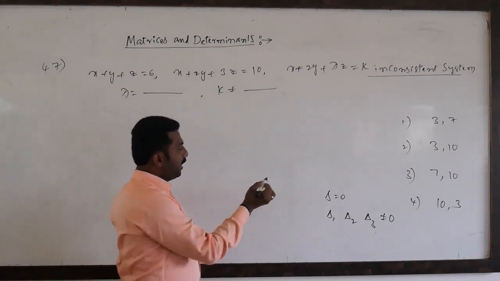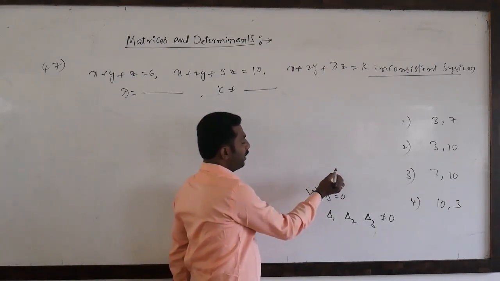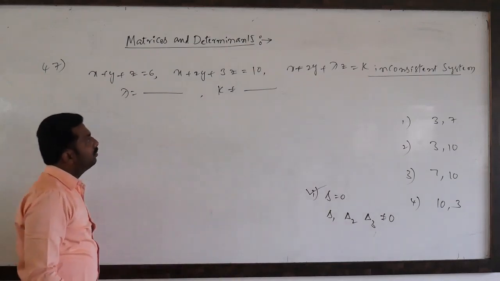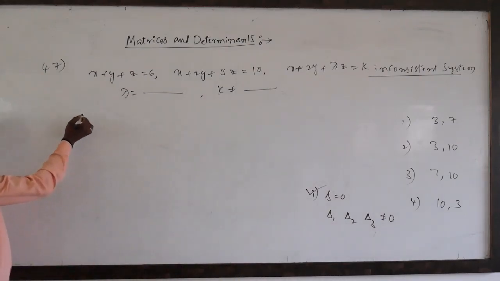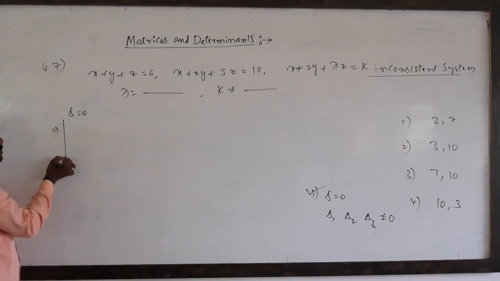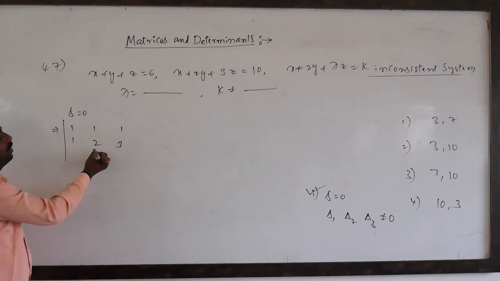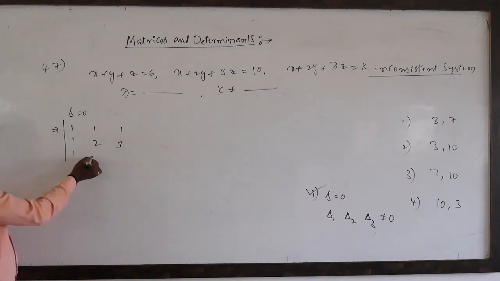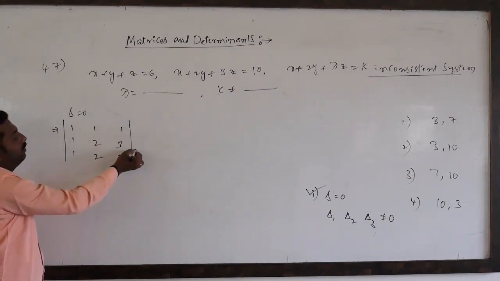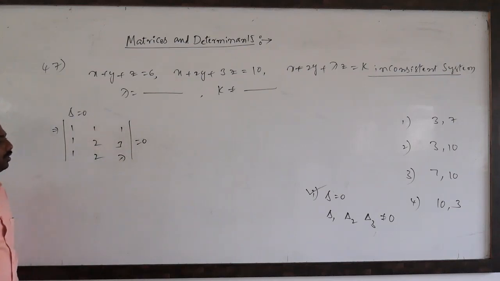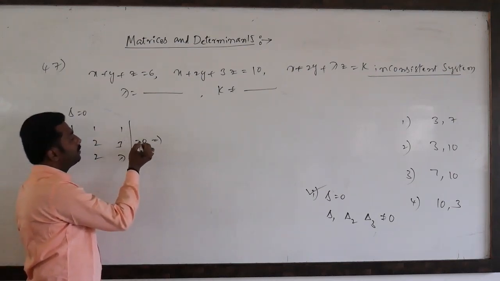So delta means we have to select the 2 values, lambda and k. The first case I am taking: if delta equal to 0. What is the delta value? It is the coefficient matrix determinant: 1 1 1, 1 2 3, 1 2 lambda, equal to 0.